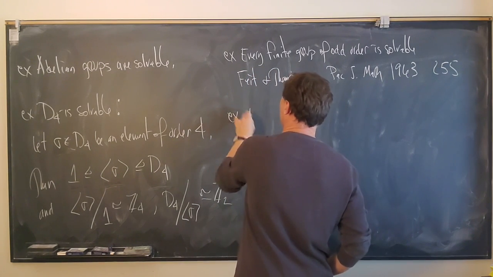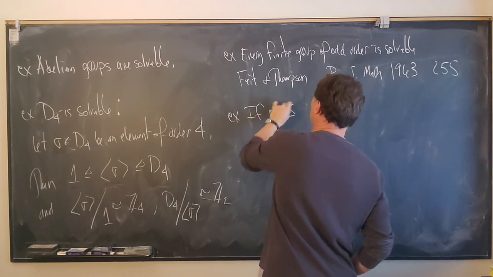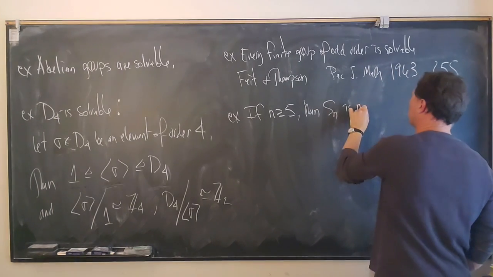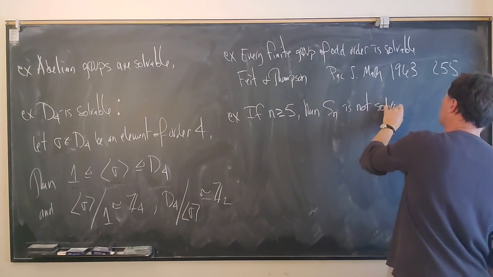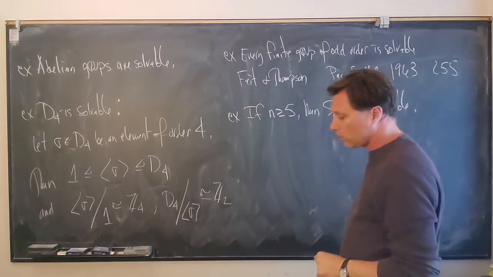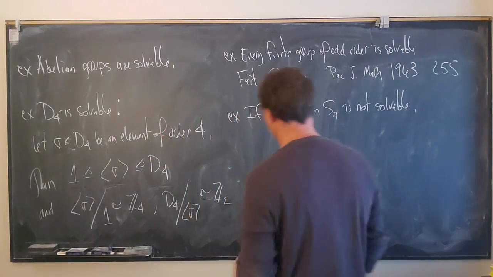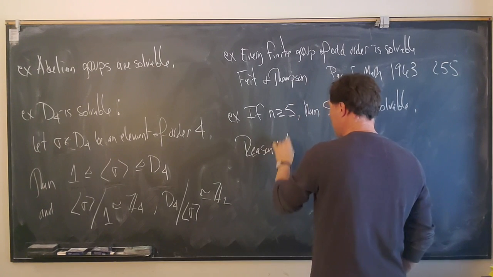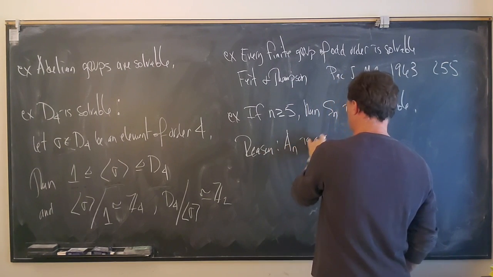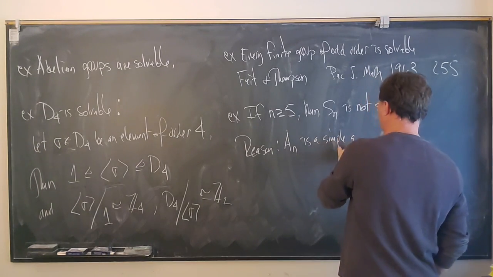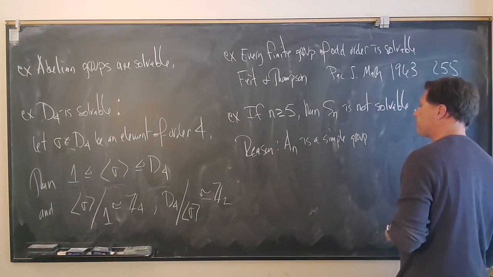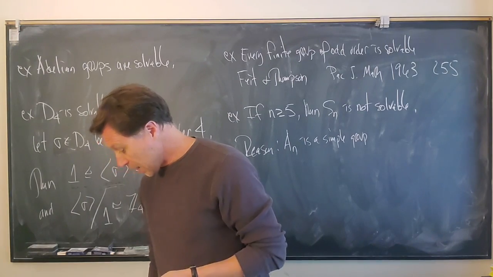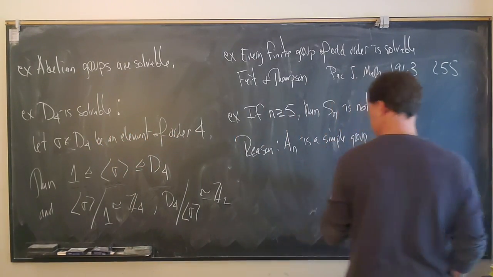Next example: if n is greater than or equal to 5, then S sub n is not solvable. Now, what's the reason? A_n is a simple group. We know for n greater than or equal to 5, A_n is simple, and it's also not cyclic.